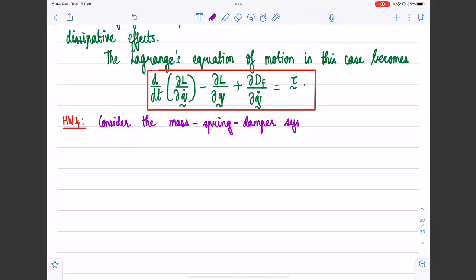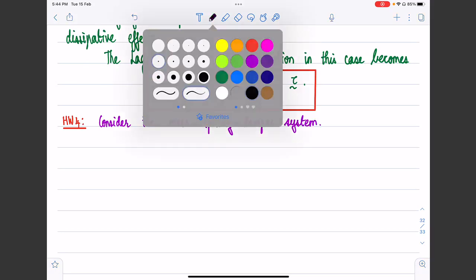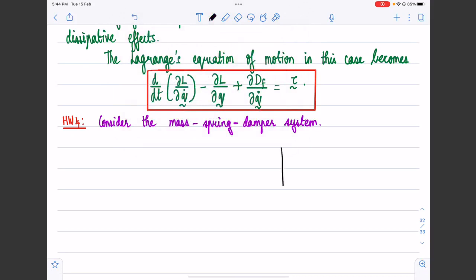Let me draw the standard diagram that all of us are familiar with. Once again, we have mass m.